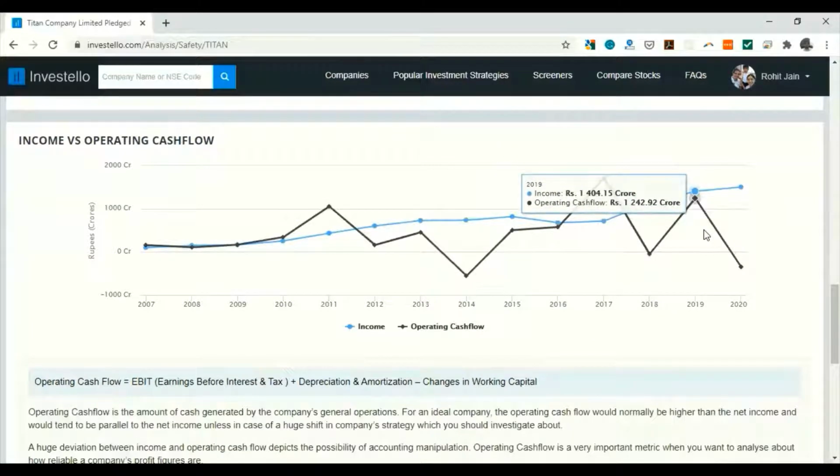This operating cash flow is without deducting taxes, interest, etc. The formula for calculating operating cash flow is earnings before interest and tax plus depreciation, meaning even the depreciation has not been counted here, and minus changes in working capital, which means whatever current liabilities the company may have met with its current assets.